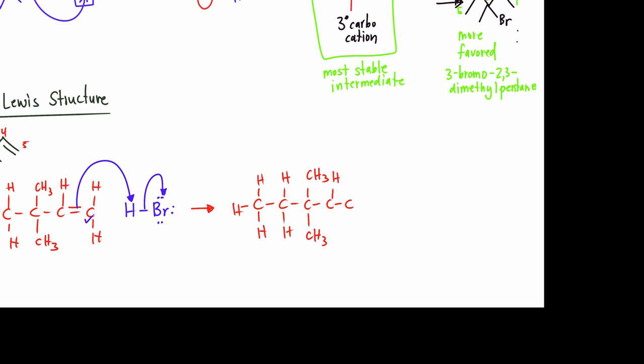We lost a double bond. We had the 2 H's before, and this new H is what added, which made that a CH3. And then we have plus a Br minus.